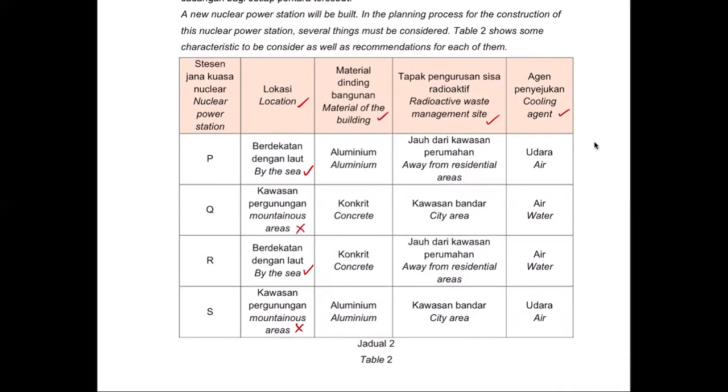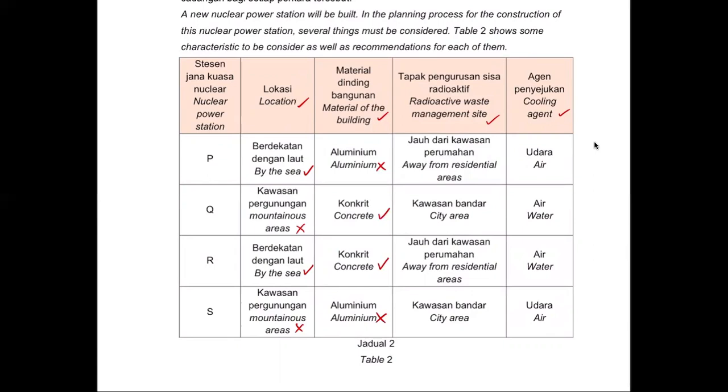And then the material of the building, of course, it should be made from concrete and not aluminum. What is the reason why we choose concrete? Because concrete wall can prevent radioactive radiation from being released into the environment.